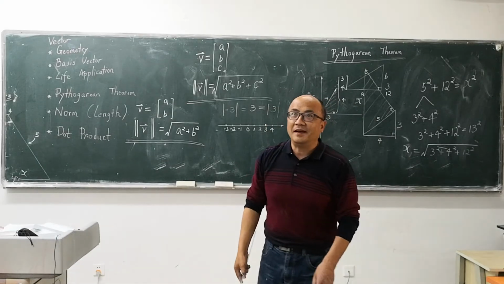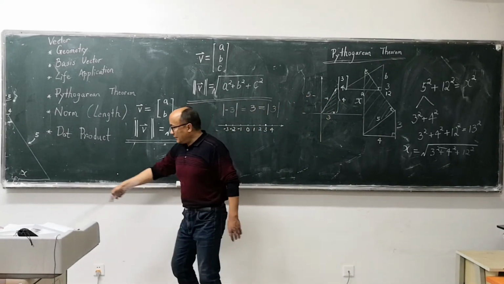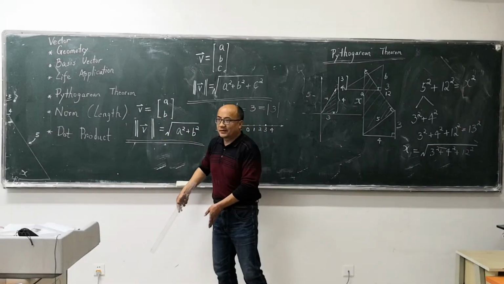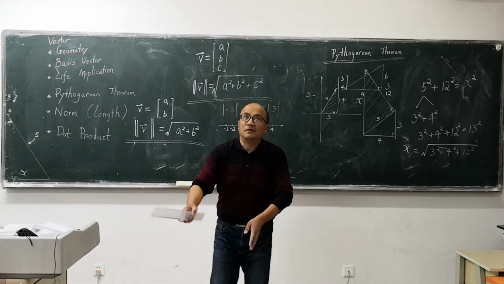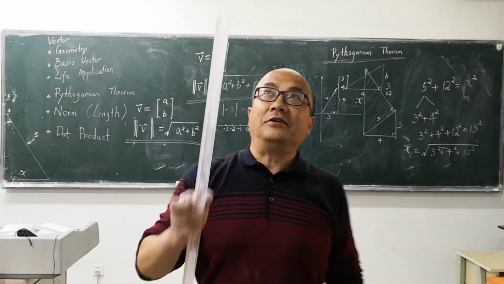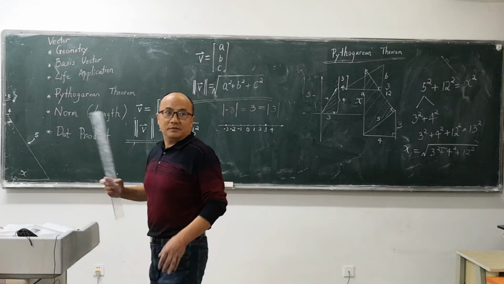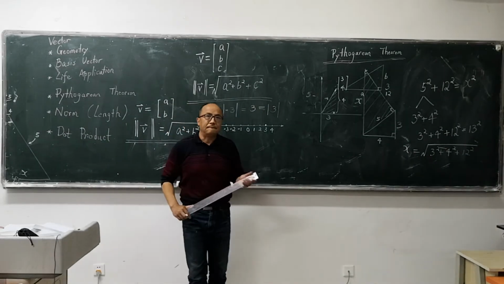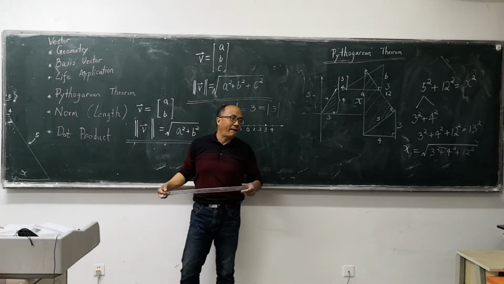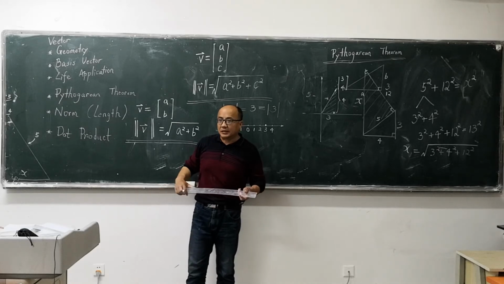Are you following me? So it's a 3, 4, 4. Can you tell me the length from here to the corner?